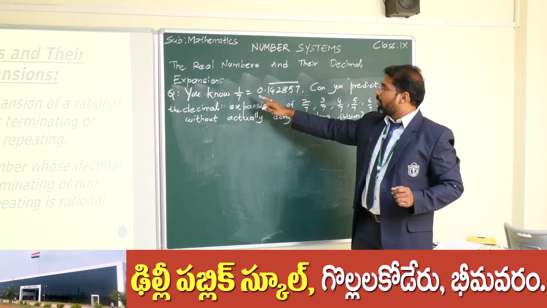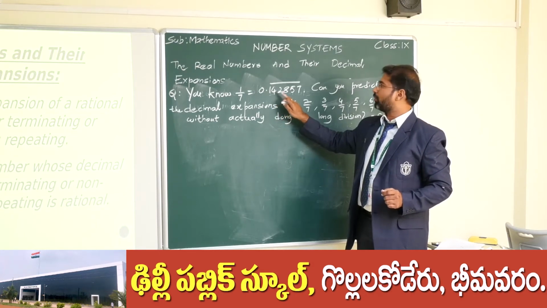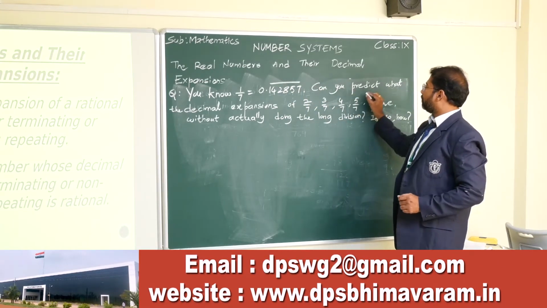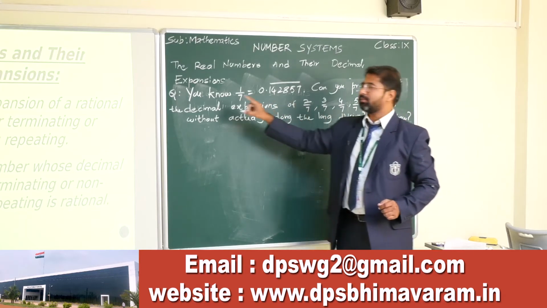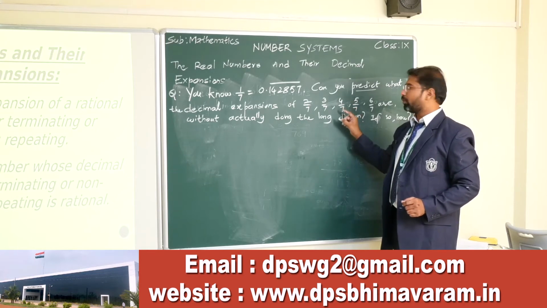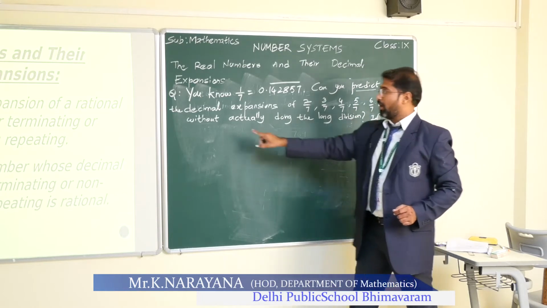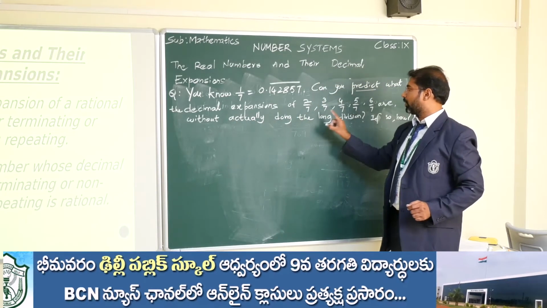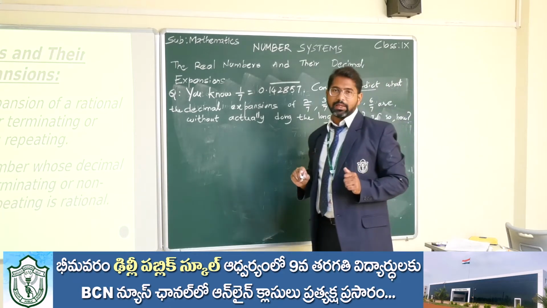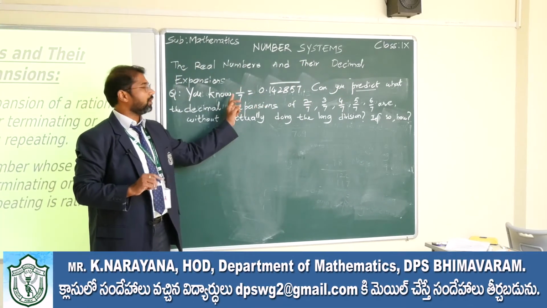You know 1 by 7 is equal to 0.142857 bar. Can you predict what the decimal expansions of 2 by 7, 3 by 7, 4 by 7, 5 by 7, 6 by 7 are without actually doing the long division? If so, how? Here they have given the decimal expansion of the rational number 1 by 7.